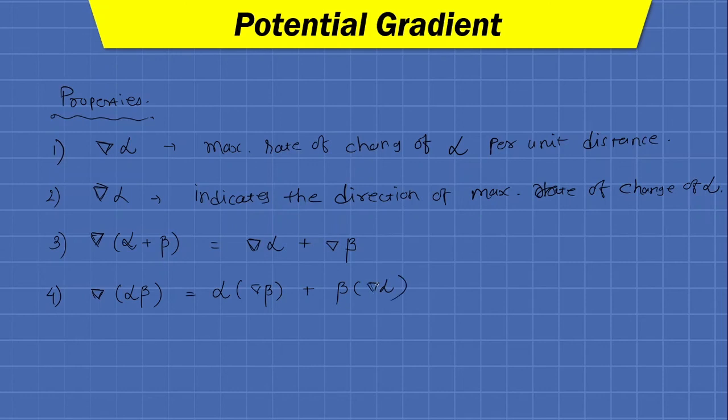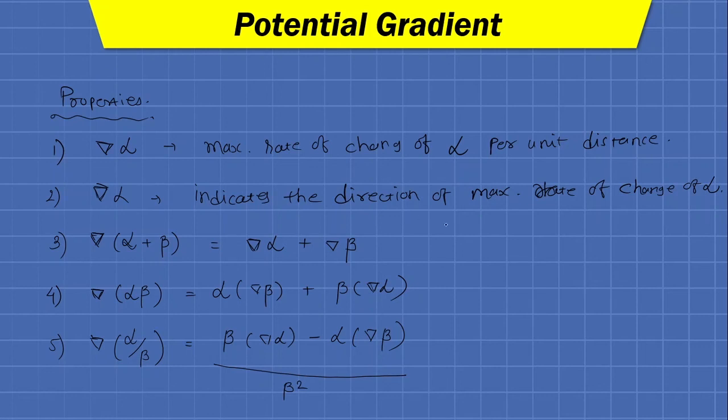This is the same rule that we also follow for differentiation of a product of functions. And the last rule, of division: gradient of alpha divided by beta can be calculated as beta multiplied by gradient of alpha minus alpha multiplied by gradient of beta, whole divided by beta square.